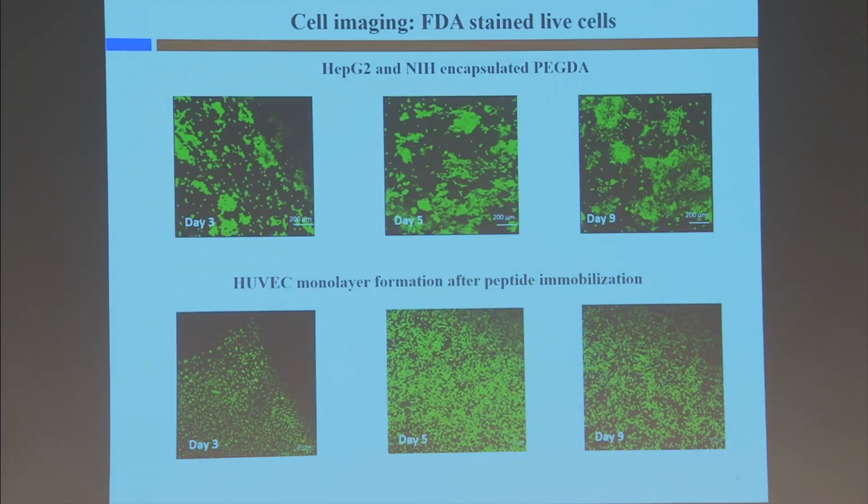To prove our model, we have done FDA live staining of the encapsulated cells and the cells over the hydrogel. We can see that the Hep2 cells inside the hydrogel are proliferating with the passing days, and also the HUVEC cells are covering the surface of the hydrogel.